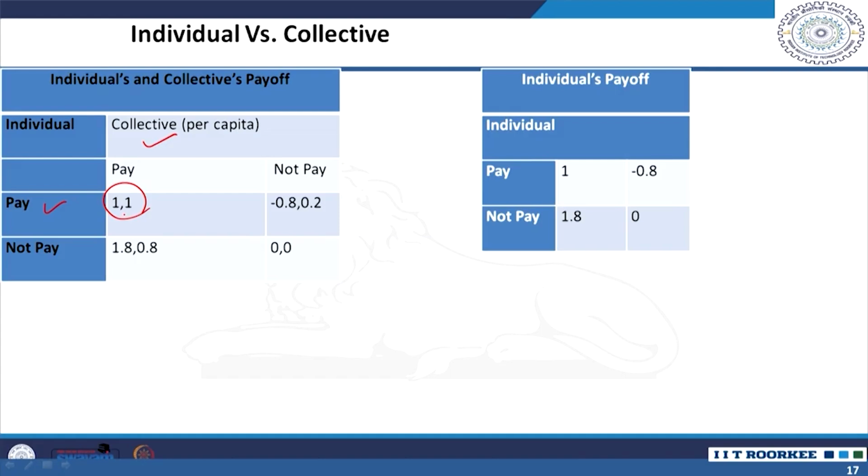So, 9 members paying means how many units of collective goods? It is twice, 9 into 2 is 18. Now the benefit is 18, and this 18 needs to be shared by all the members in the group, that is 10 members. So, the payoff for the share would be 18 divided by 10, that is 1.8.